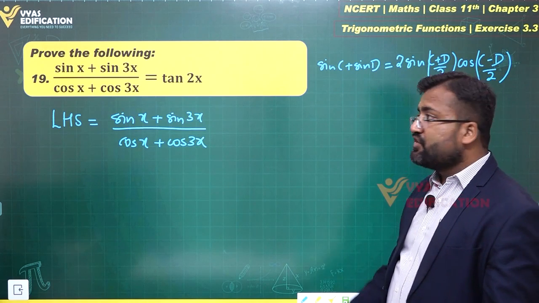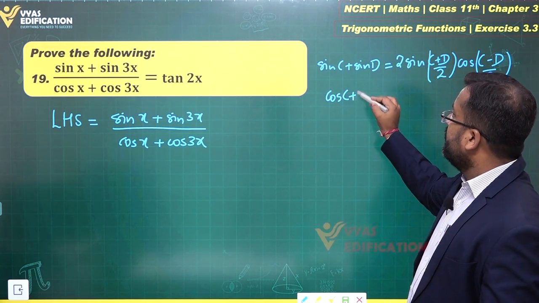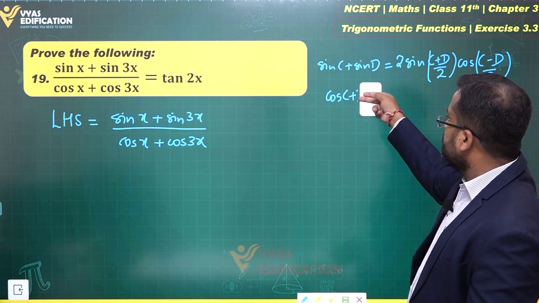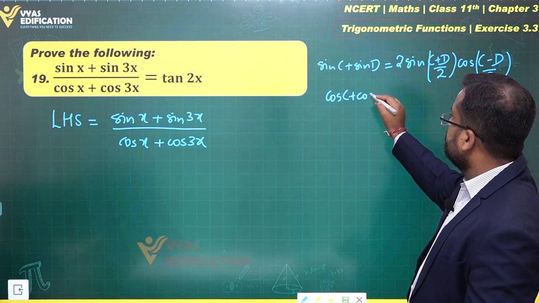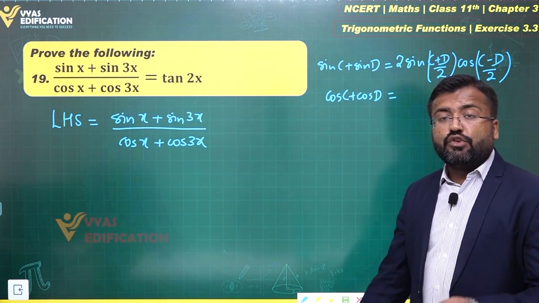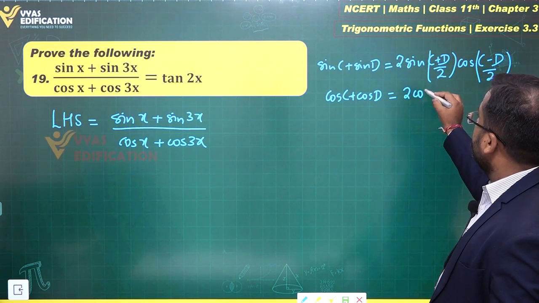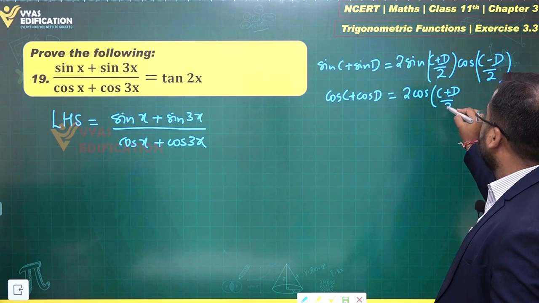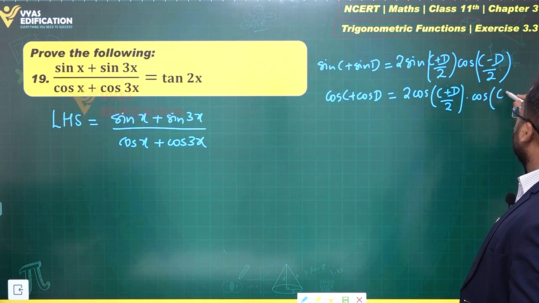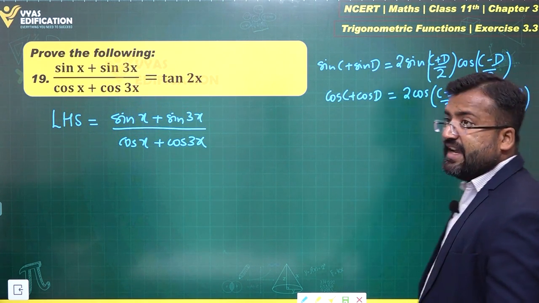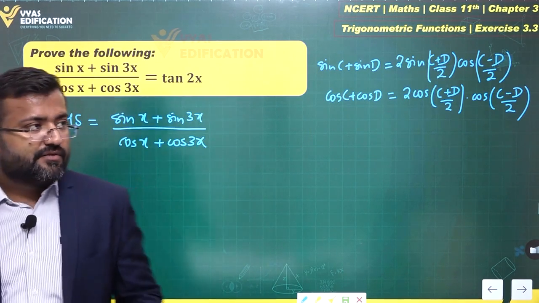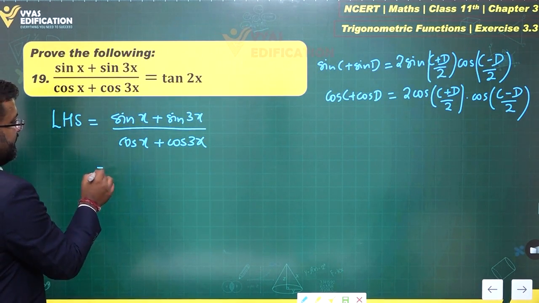What about cos C plus cos D? This is equal to 2 cos (C plus D) by 2 cos (C minus D) by 2. Okay, let's use these two transformation formulae to simplify this.